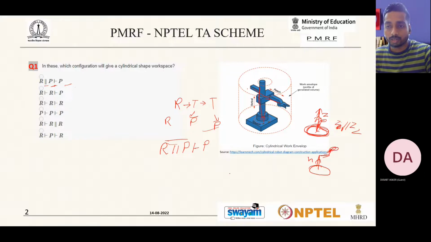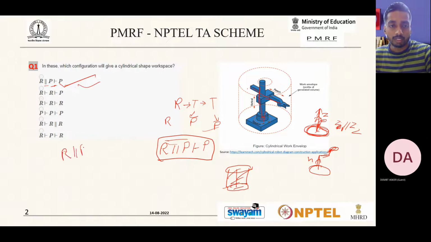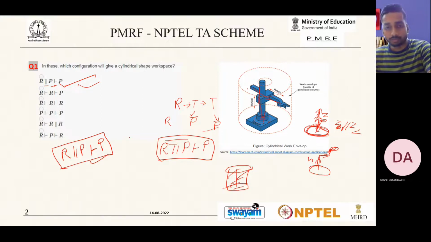In this case we finally get a cylindrical type of workspace. The required configuration is RPP, that means R parallel to P, and the whole thing perpendicular to the last P. This is the correct answer for this question.